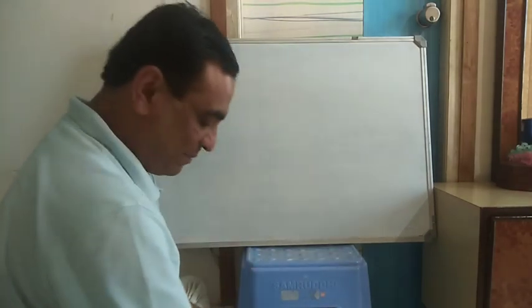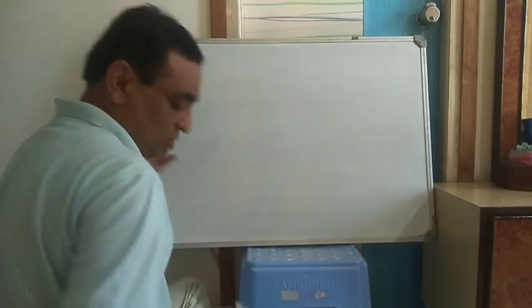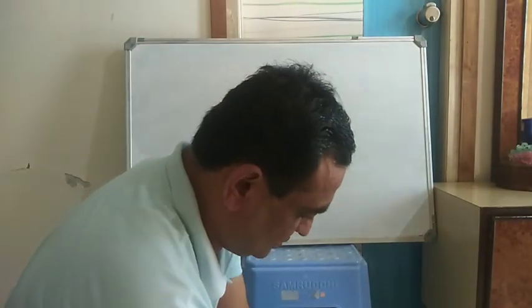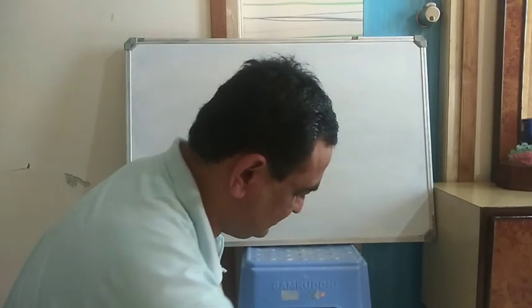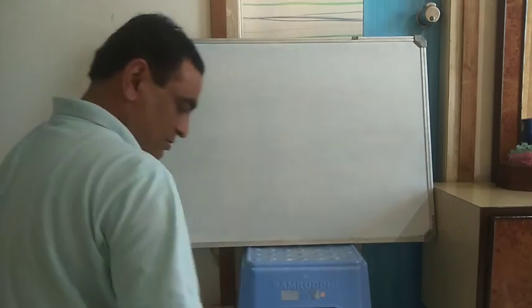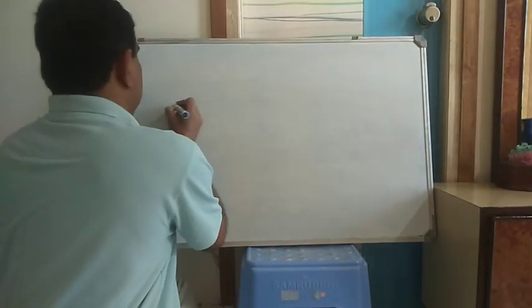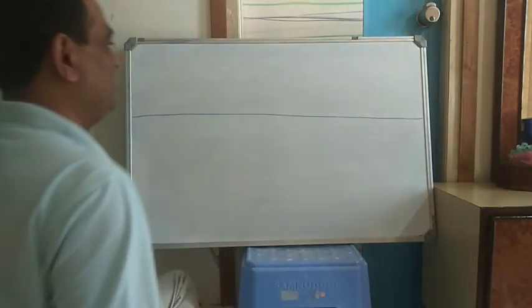So I have a semi-log graph paper with me. Let's say now I will draw the gain plot. This is the 0 dB line.